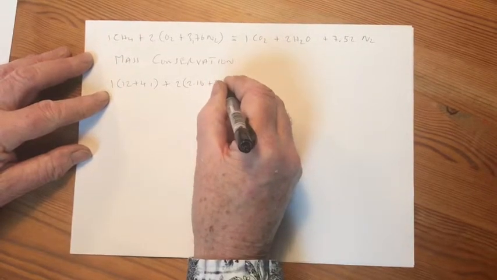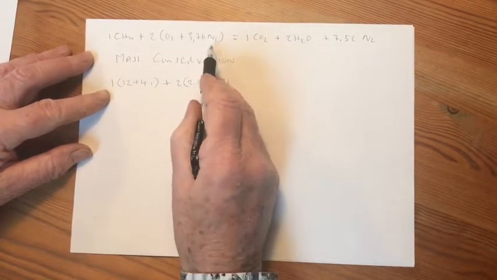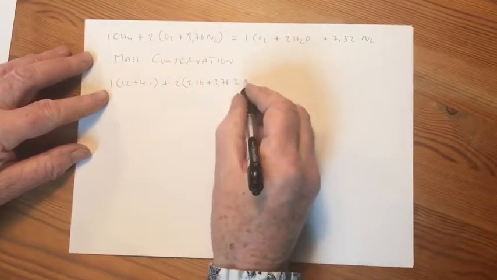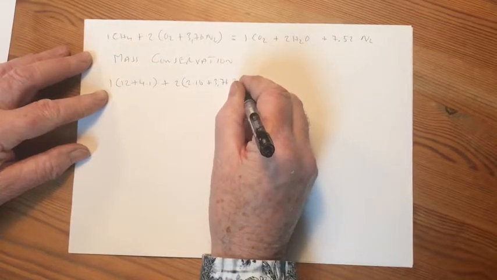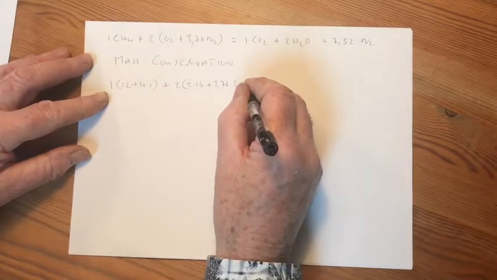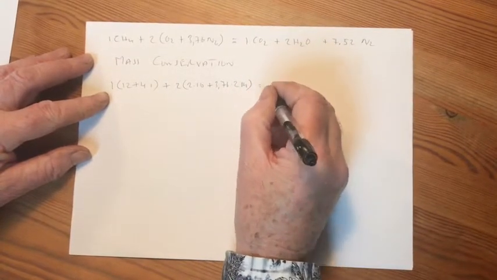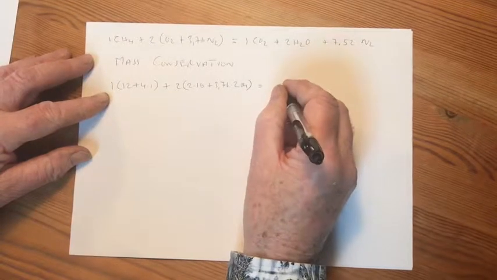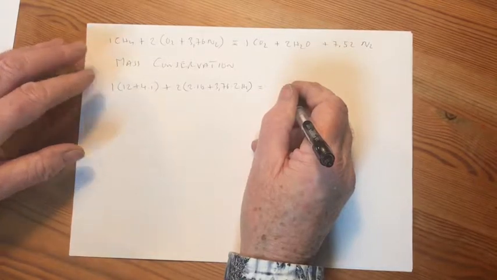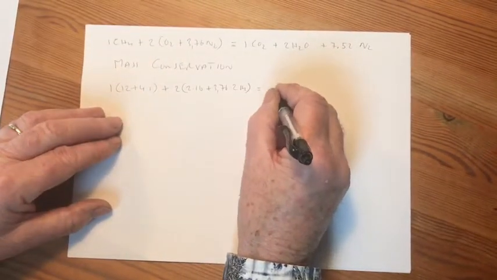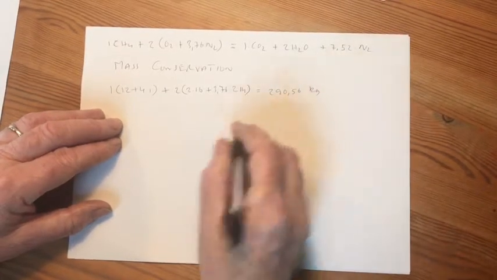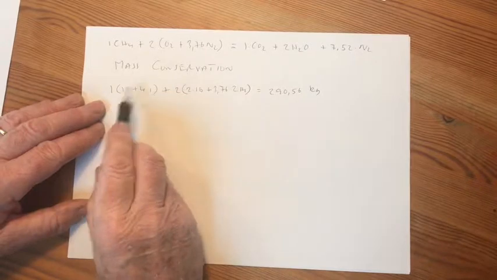And then 3.76 times N2, and that becomes 2 nitrogen, and nitrogen has a molecular mass of 14. Now that is 14 kilograms per kilomole, so that's 14. If you do the sums now, you will get a value of 290.56 kilograms. Good. So that's the left hand side.